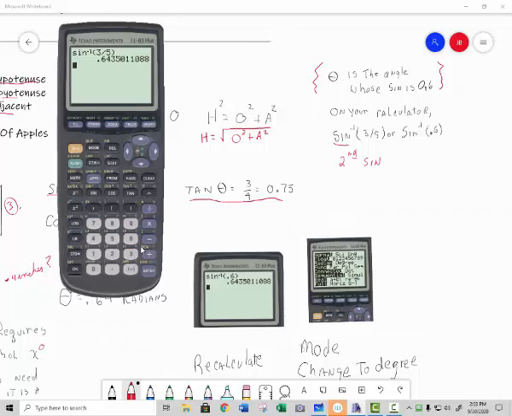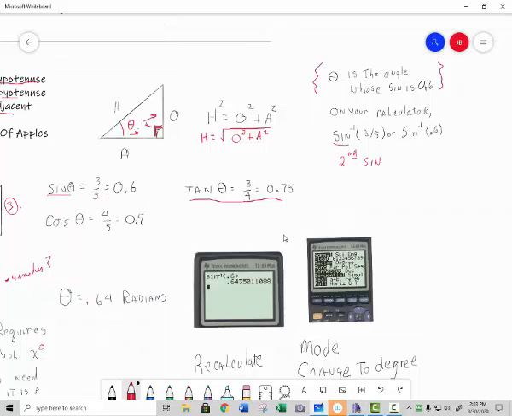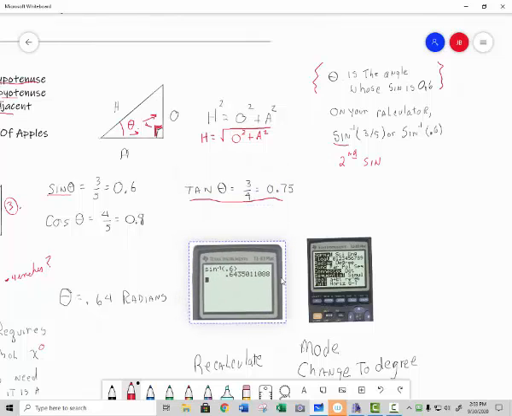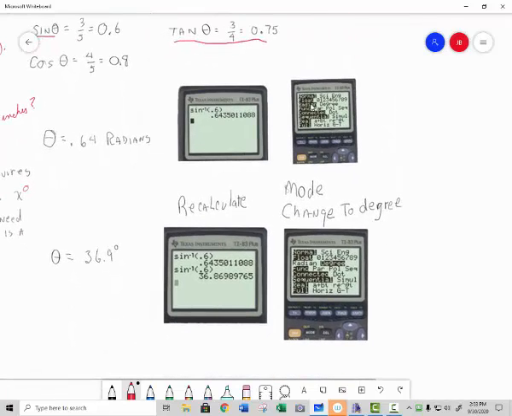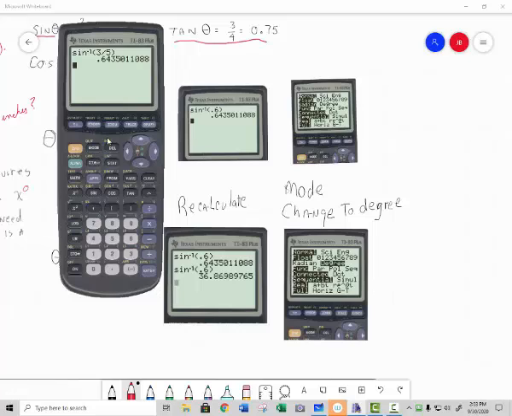Well, the problem that we have here is two different kinds of measure. We can measure this thing in radians or we can measure it in degrees. Alright, so I'm going to look at mode. So let's go back to my calculator and choose mode. Mode is right here next to the second button. If I click on mode, it gives me all kinds of different options that I can set up for my calculator.